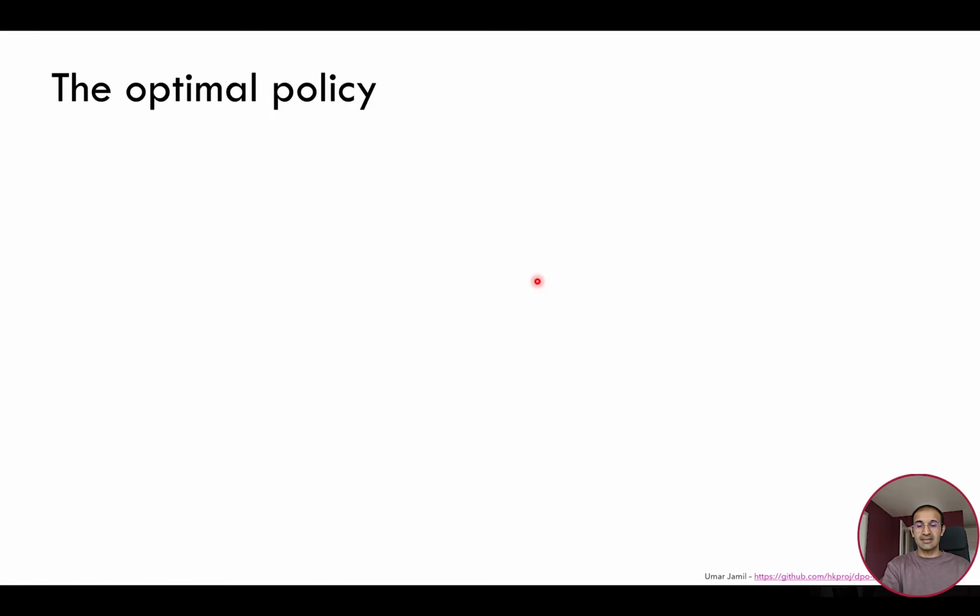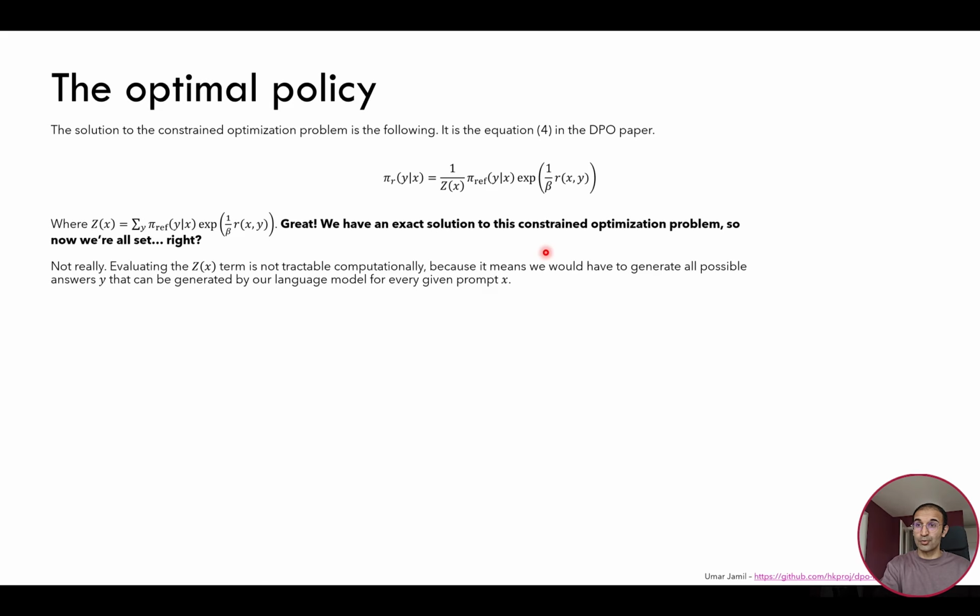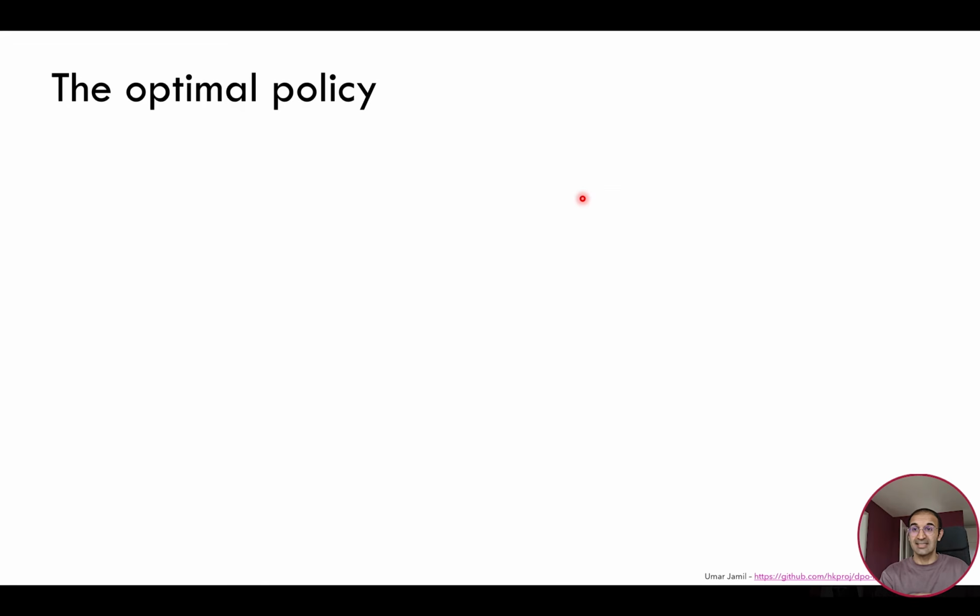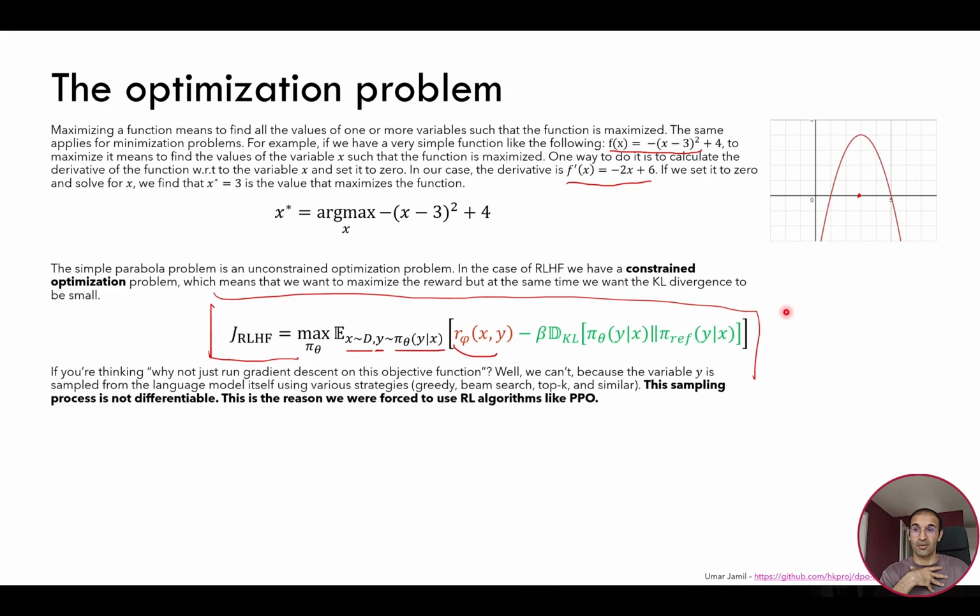And in the DPO paper, they say there is an exact solution to this optimization problem, and it is the following. It is equation 4 in the DPO paper. I mean that there is an analytical solution to this constrained optimization problem, just like we had an analytical solution for the maximization problem of this parabola.